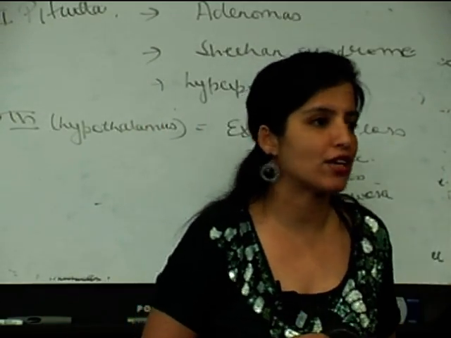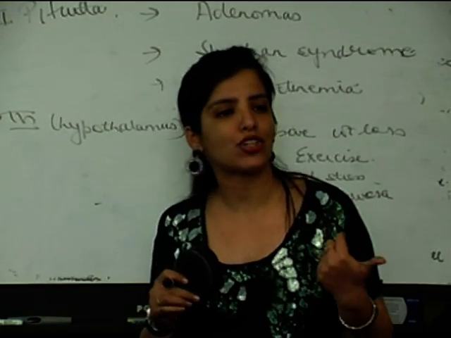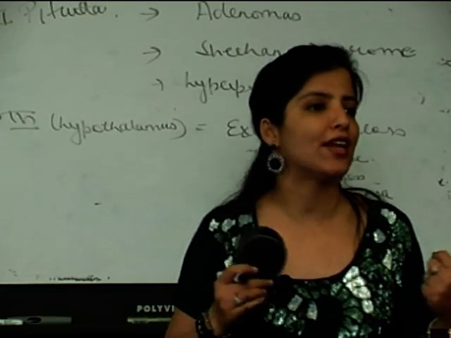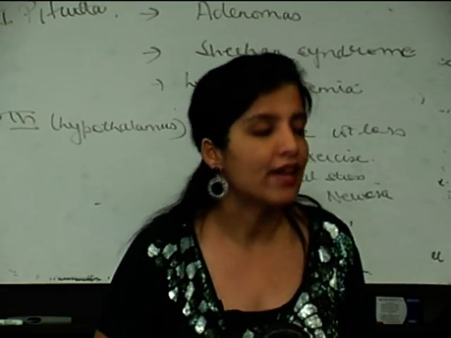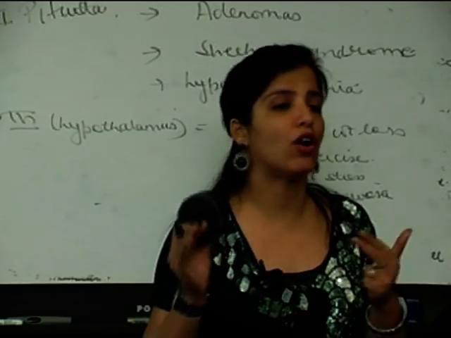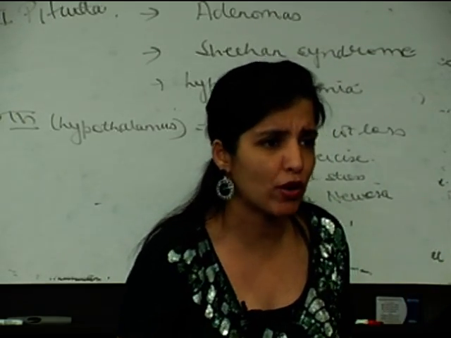The next question they ask on Asherman syndrome is how a patient is going to present to you. Because the endometrial lining is destroyed, she'll be complaining of amenorrhea, or she could also complain of hypomenorrhea. What is hypomenorrhea?